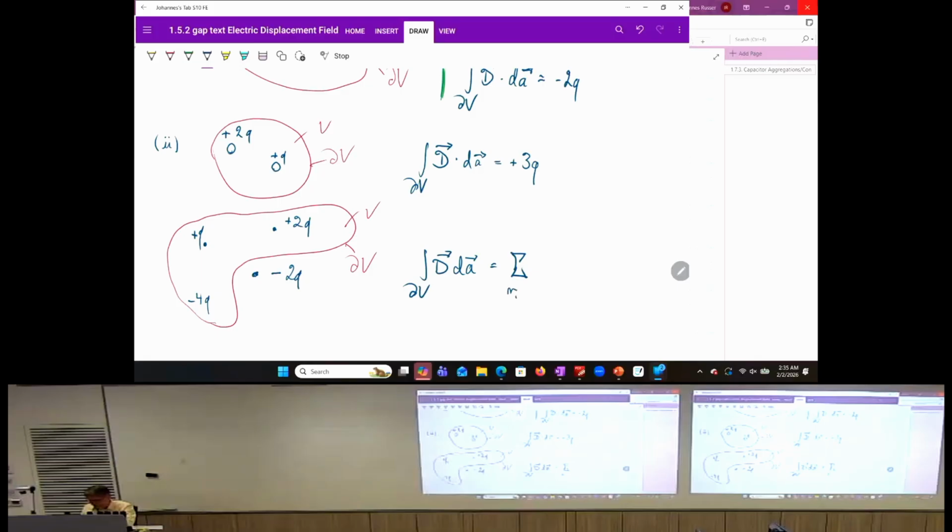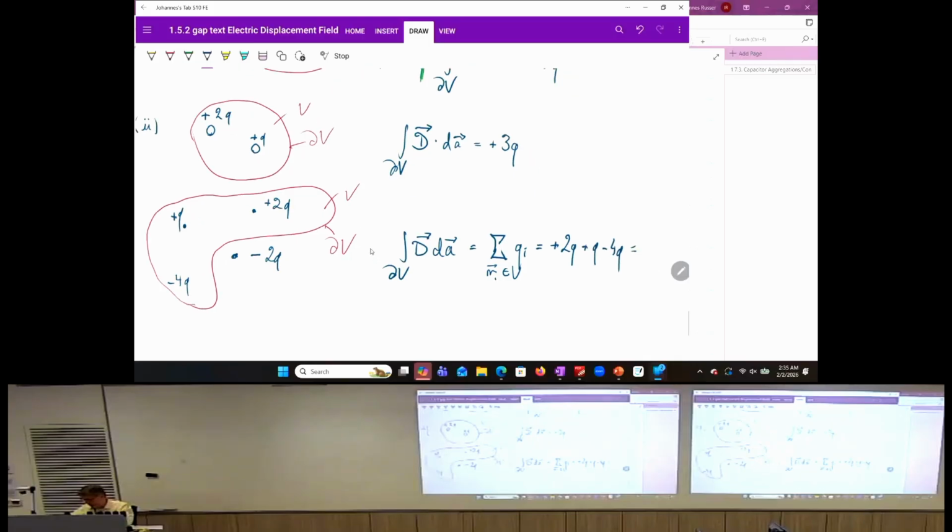All charges that are located inside the volume, these we add up. That would be this plus 2q, this plus q, and here the negative minus 4q. So minus 4q gives you a total of minus q.